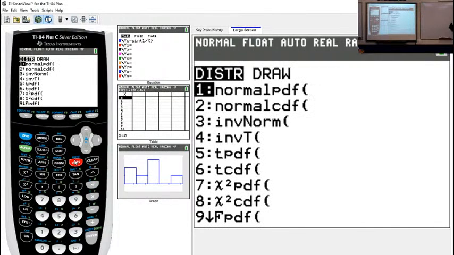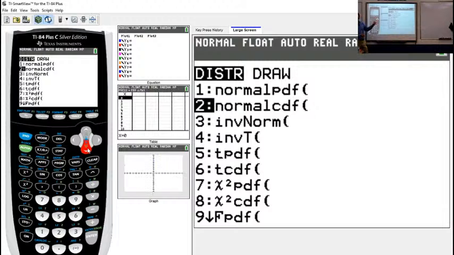The thing that we want here is the second option. Normal PDF gives an exact value, which we're never going to use. Normal CDF is what we're going to be using. There are other things in this menu that we'll use later, but for today, normal CDF is the one.